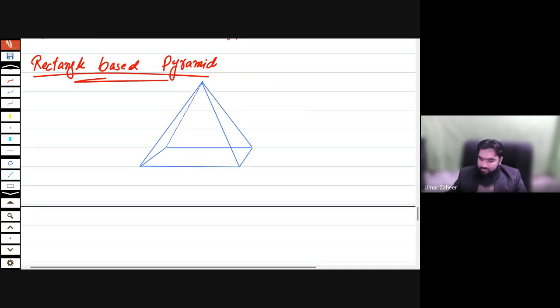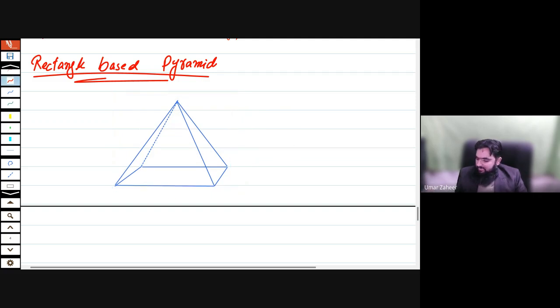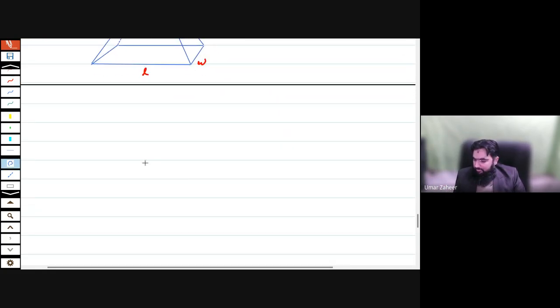Now look here. Here we have the pyramid. It has a rectangular base. Let's say this is the length, this is the width, and this is the slant height, let's say the S length. If you open it, in the middle you get a rectangle with the length and width, and around it you get triangles.